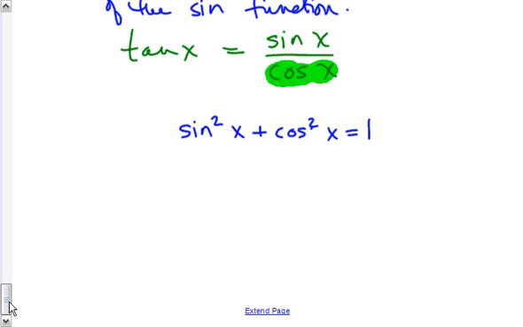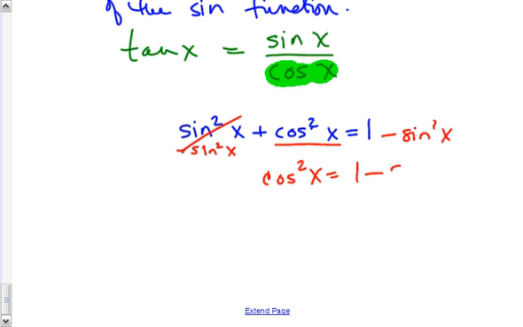To solve for cosine, we're going to subtract sine squared of x from both sides. That gives cosine squared of x equals 1 minus sine squared of x. But I don't need cosine squared, I need just cosine. How do you get rid of that square? Take the square root of both sides.